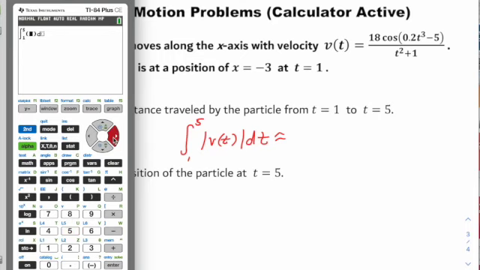And to bring up those absolute value signs, which you need from time to time, those are sometimes tricky to find, but go to the math menu where a lot of stuff is and scroll to the right to the number column, absolute value of, and now you can either type that equation, or if you've put it in y1, know where to find that y1. Alpha trace, that's the F4 menu, that's y1, or you can go to vars and y variables. But nice to know these little shortcuts, big time savers on the AP exam. And there we go. Now I'm just going to hit enter, let the calculator do its work.